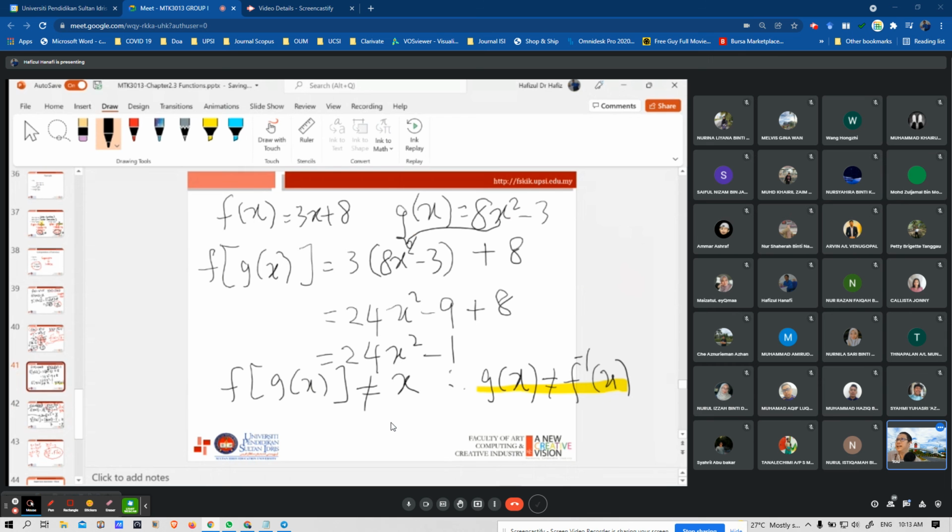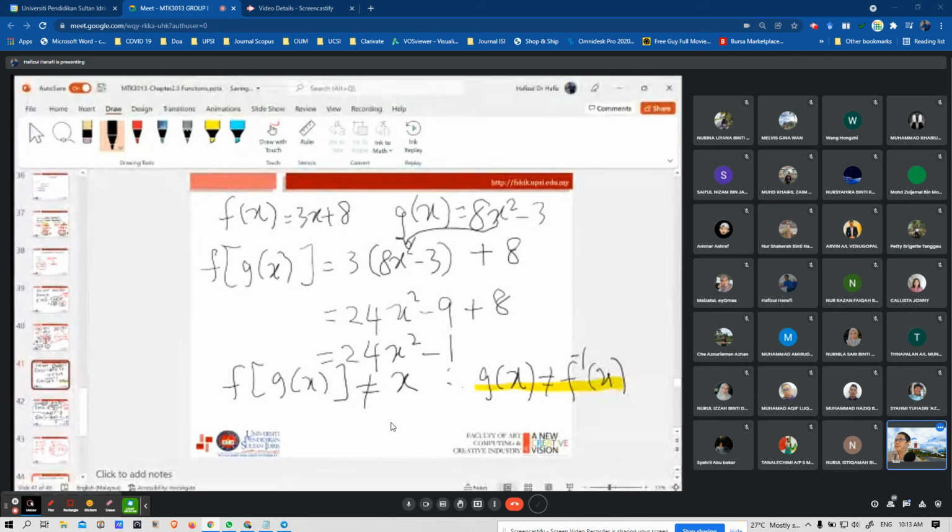Okay, and then another example, we have f(x) equal to 3x + 8, g(x) equal to 8x power of 2 minus 3, and then we replace the g(x) here, and then we have 3(8x power of 2 minus 3) + 8 equal to 24x power of 2 minus 9 plus 8, and then 24x power of 2 minus 1.